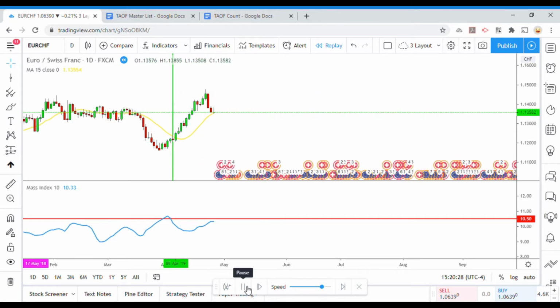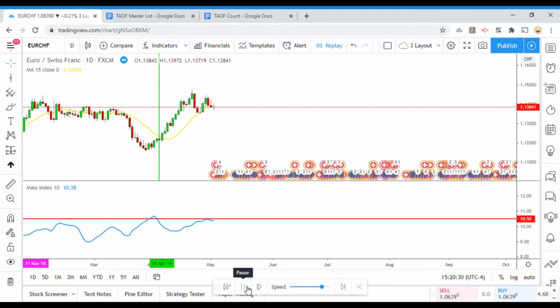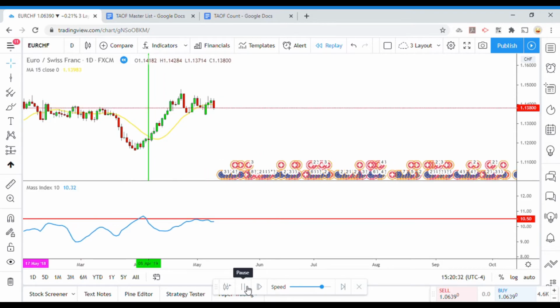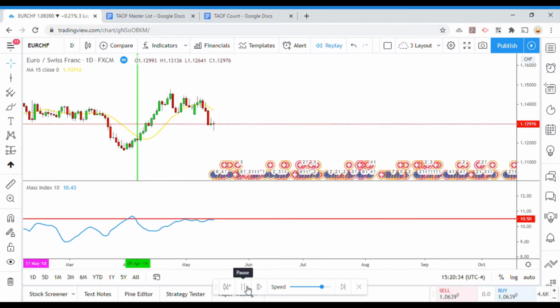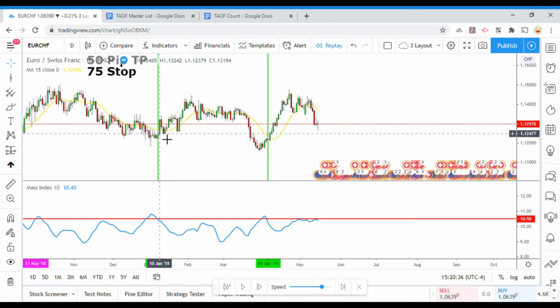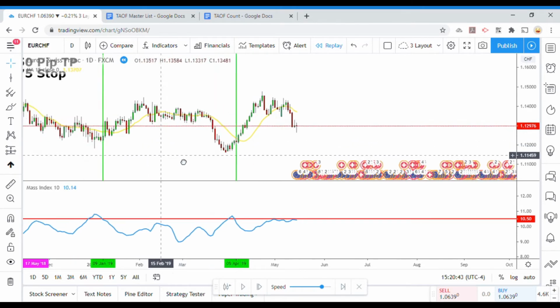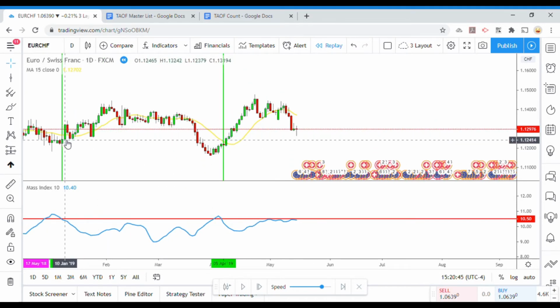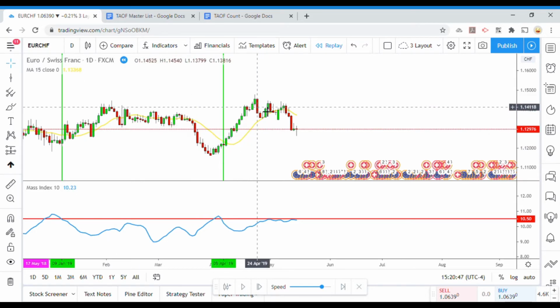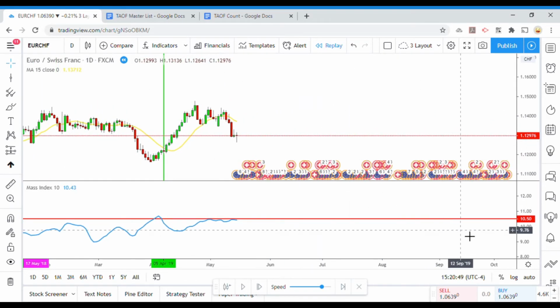If only it gave us more signals, and if only it wasn't a reversal indicator. That's how it was designated by Dorsey. It does appear that in both of these trades so far, there was a relatively decent move that took place there.